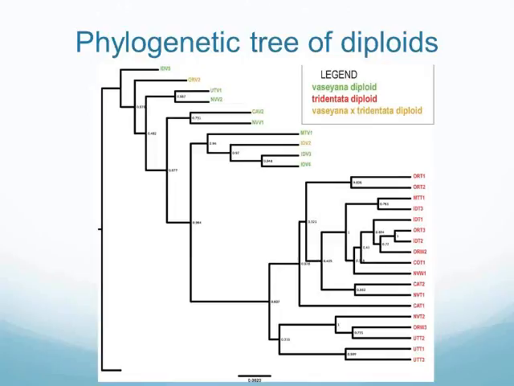So this is the result of just looking at the diploids across the landscape. There are over 50 different populations here that we sampled. Each of these nodes represents a population on the landscape.